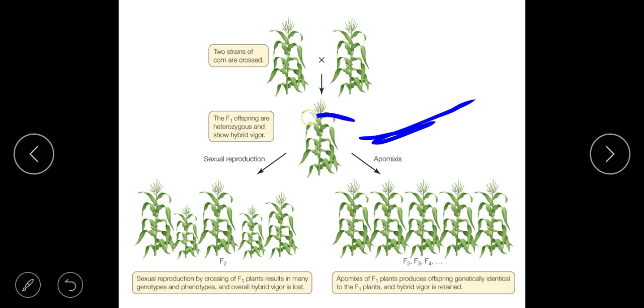If we store the seeds of this plant and propagate them again and again, the hybrid vigor, or heterosis, or the higher production will be affected. A depression can be seen in the production.